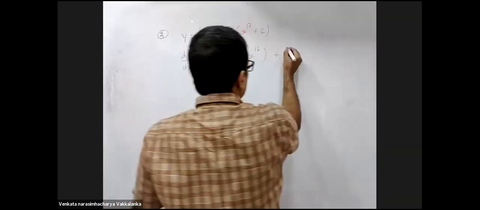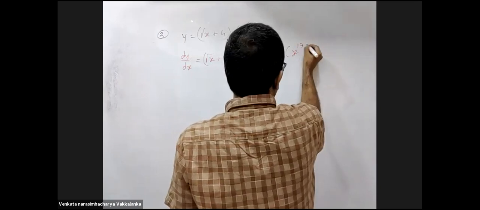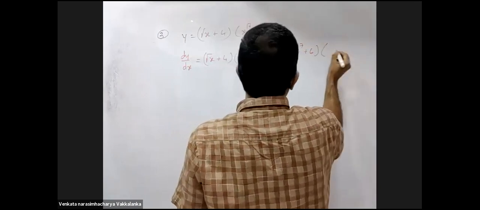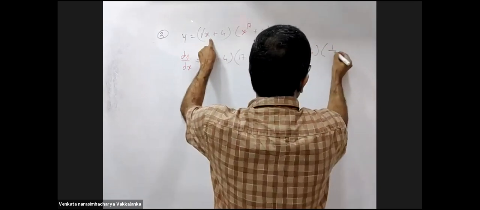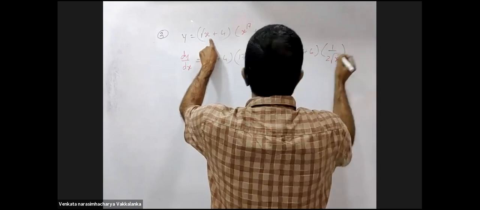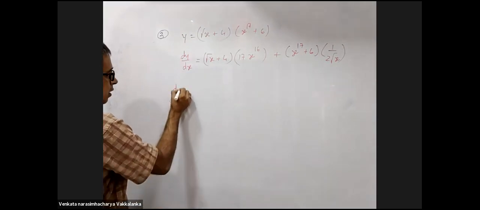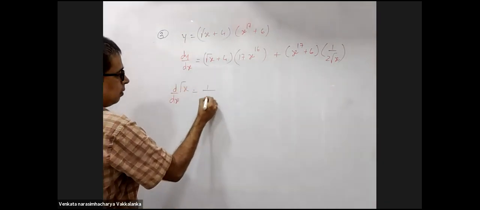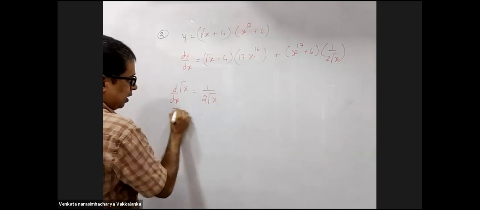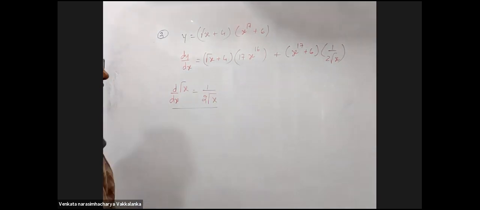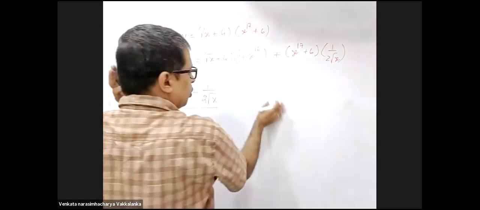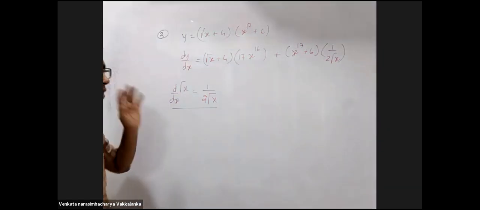Now I keep x raised to 17 plus 6 as it is and differentiate root x plus 4, which is 1 by 2 root x plus 0. I expect you people to remember hereafter that dy by dx of root x is 1 by 2 root x. Depending on the four options available, you can open up the bracket.